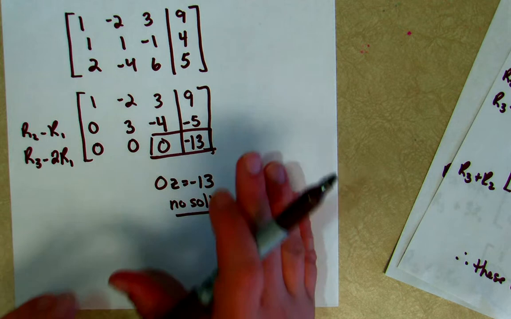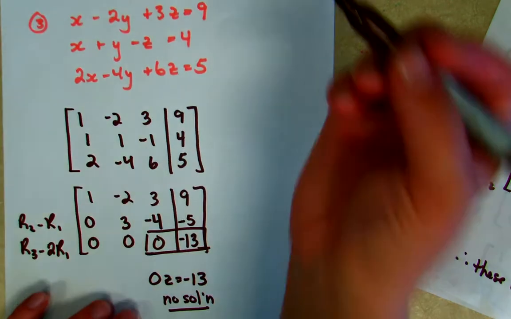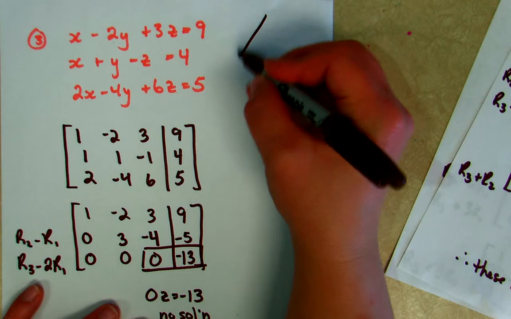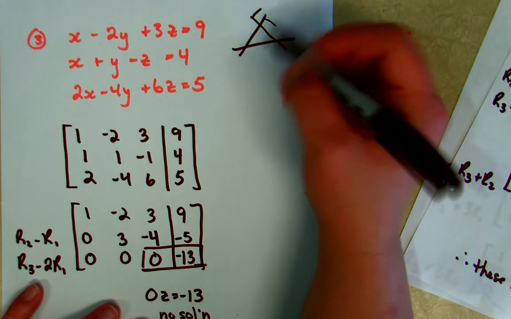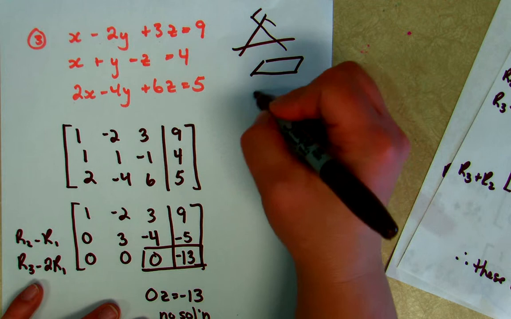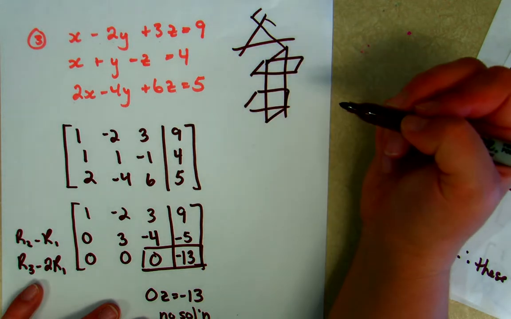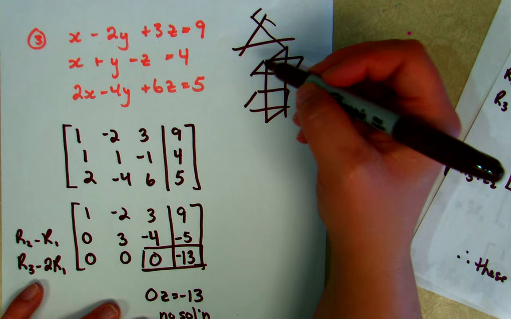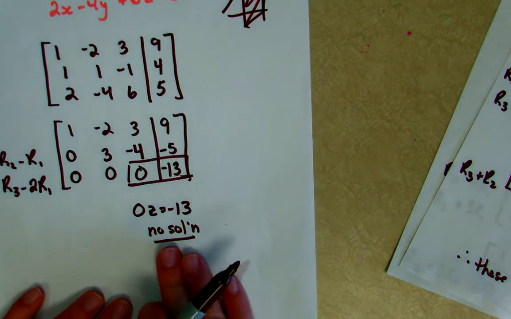Again, you're done unless they ask for a geometric interpretation of what the system looks like, because no solution is 3 options. Either the planes kind of make a triangle and they never all touch at once, or we have 2 parallel planes that are separate from each other and the third one that comes through, because the solution is where they all meet at once. If it just asks for the solution, you're done, no solution.